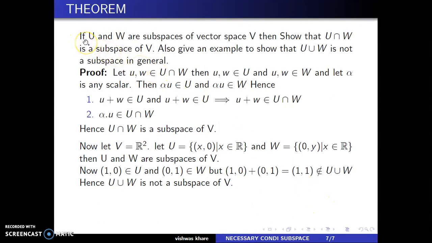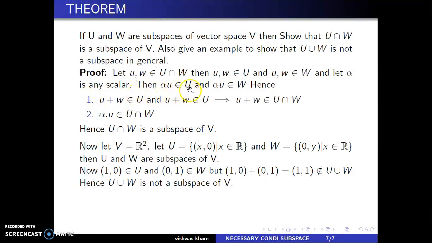Next theorem. If U and W are subspaces of vector space V, then show that U intersection W is a subspace of V. Also, give an example to show that union U union W is not a subspace in general. Proof. Let u and w belong to U intersection W. Then u and w belong to U and u and w belong to W, and let alpha be any scalar.